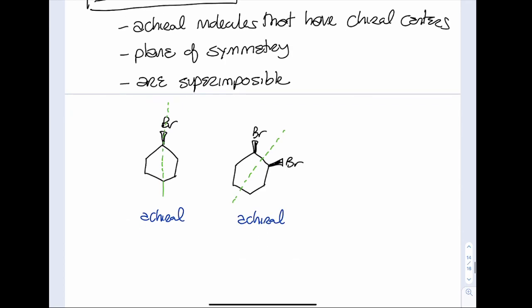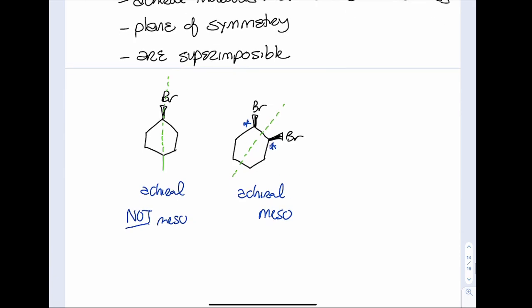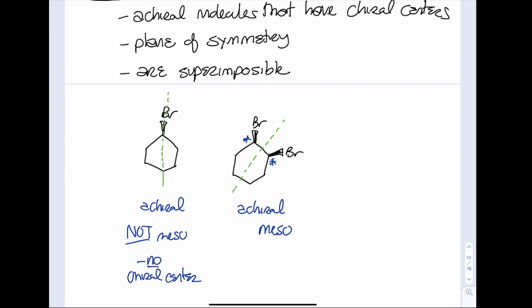But this one is meso. This one is not meso. The difference between them is that these are chiral centers. This one has no chiral center. It doesn't always have to be a ring, but it's the easy way to show it.